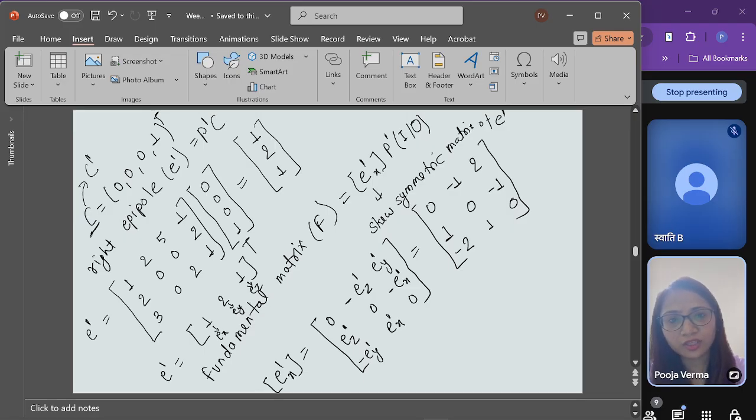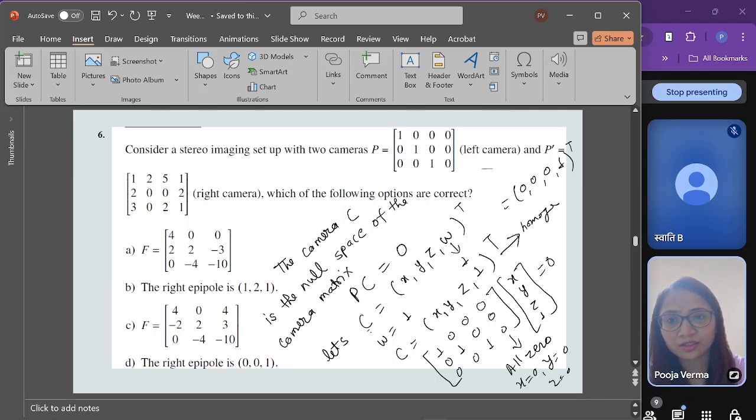So have you understood till here? Okay, so to calculate the next part, that is P dash I given 0. Already we know the P dash matrix is given.